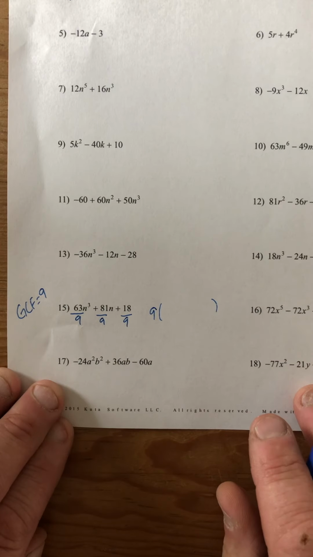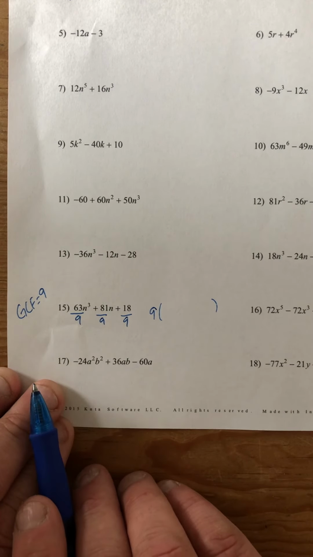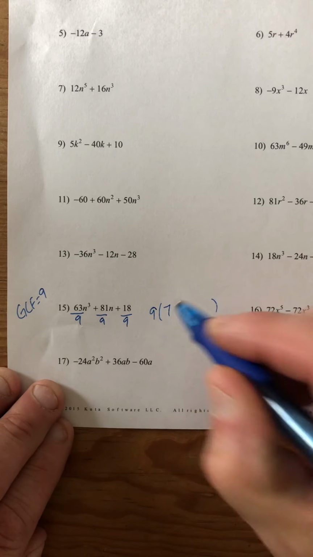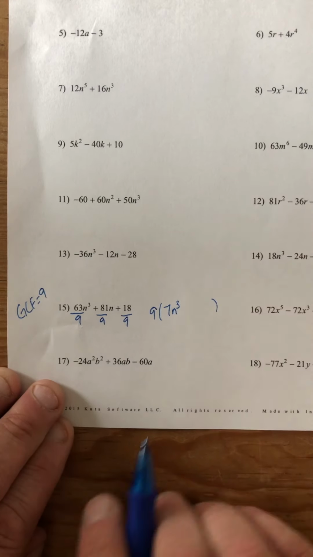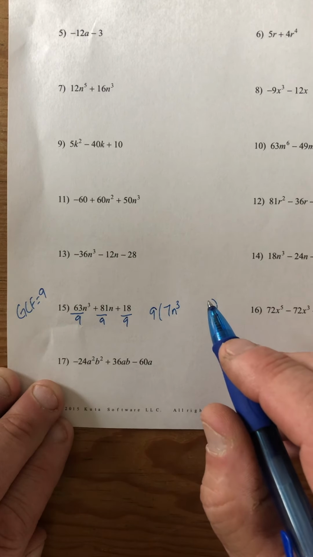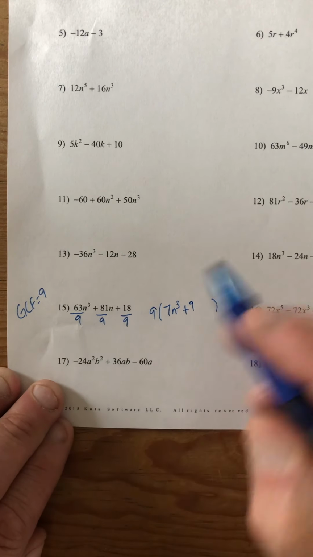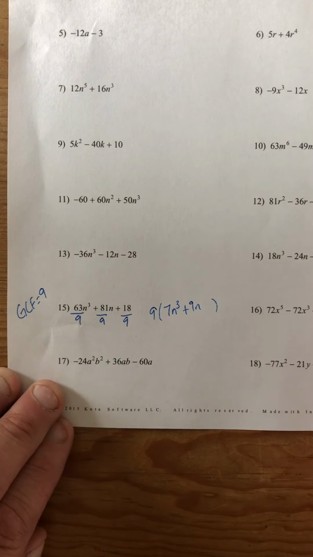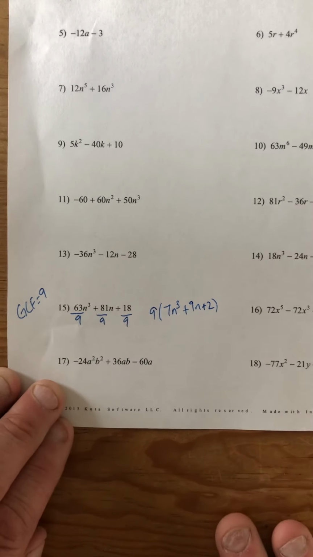Now you're going to ask yourself, 63 divided by 9, or use your calculator, 63 divided by 9 is 7. If I take n to the third divided by nothing, it stays n to the third. 81 divided by 9 is 9. N divided by nothing remains n. And 18 divided by 9 is plus 2.